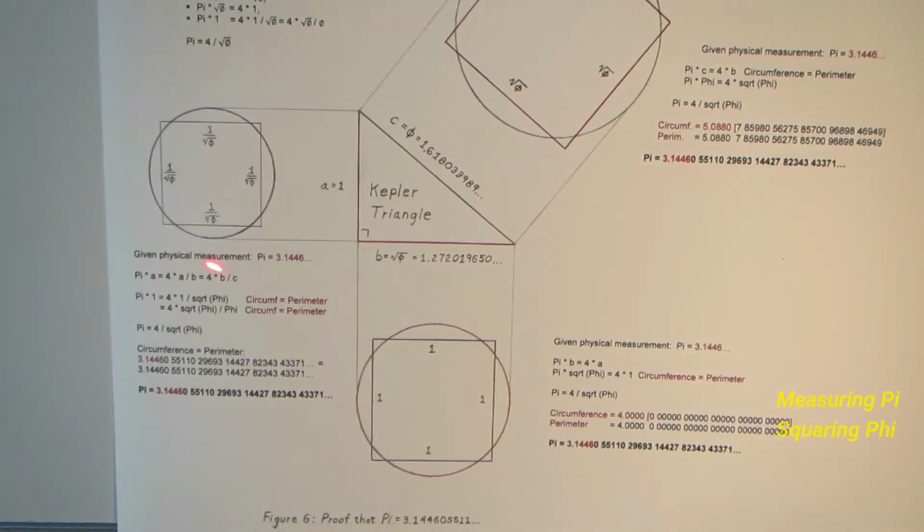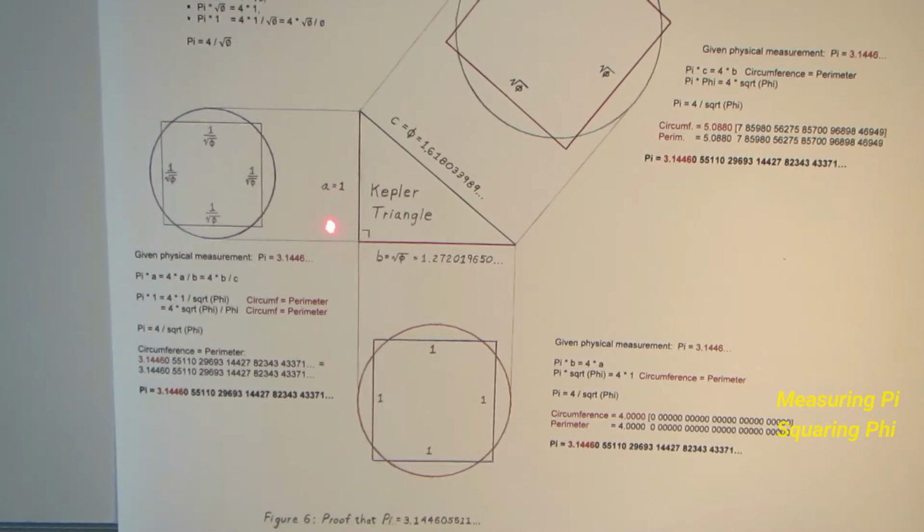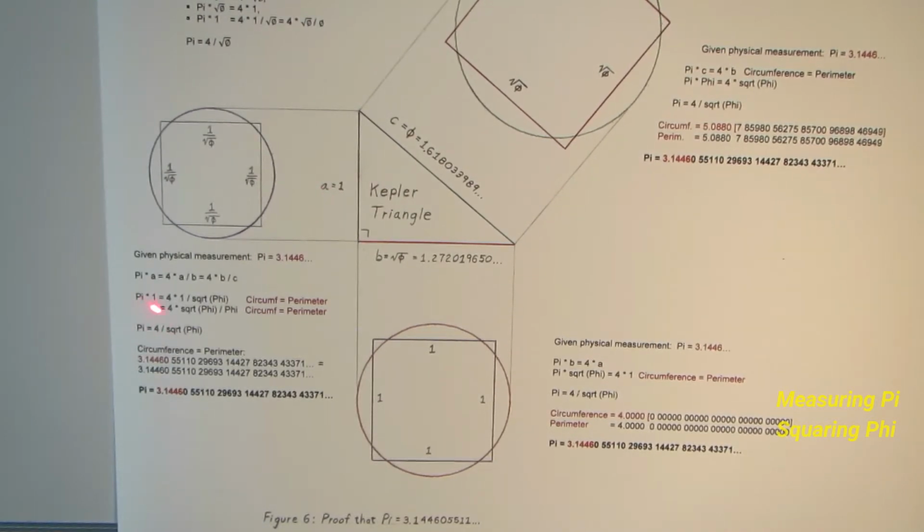And since circumference equals perimeter, we can solve for the equation, and in both cases, because there are 2 portions of a case here, pi, when you do this calculation, will equal 4 over the square root of phi. So in this case, it happens to be pi itself, because we chose a unit of 1.